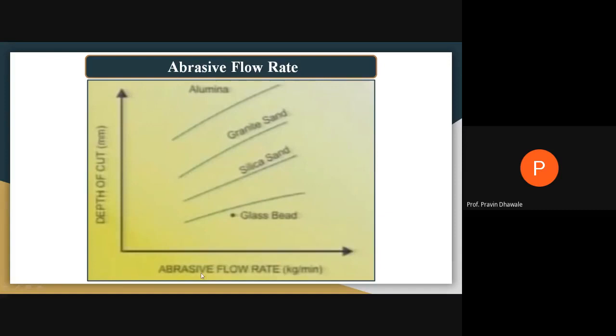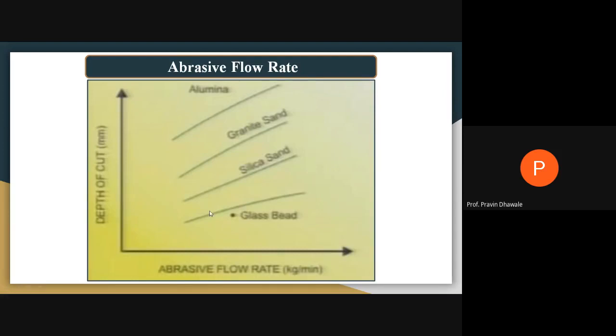We have to study the effect of the different types of abrasive particles. As we increase the flow rate of the abrasive, definitely there will be an increase in depth of cut, and it will differ for the different types of abrasive particles.